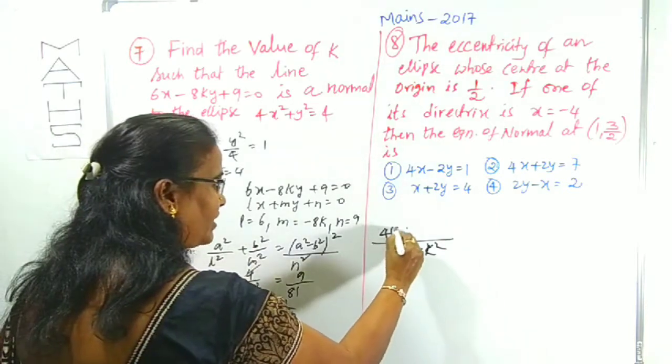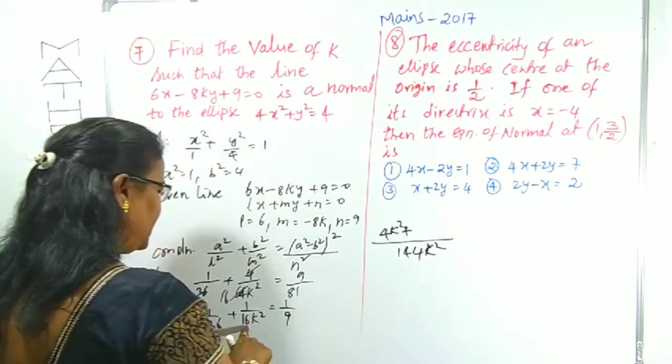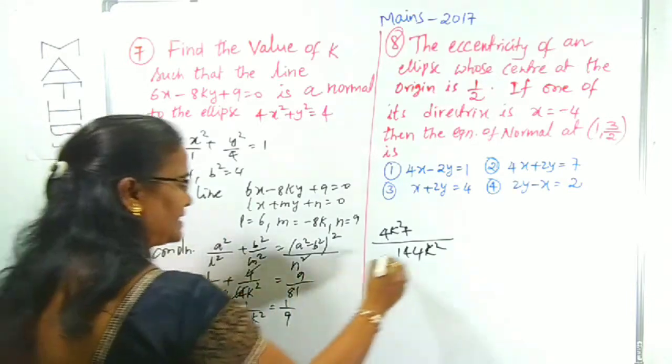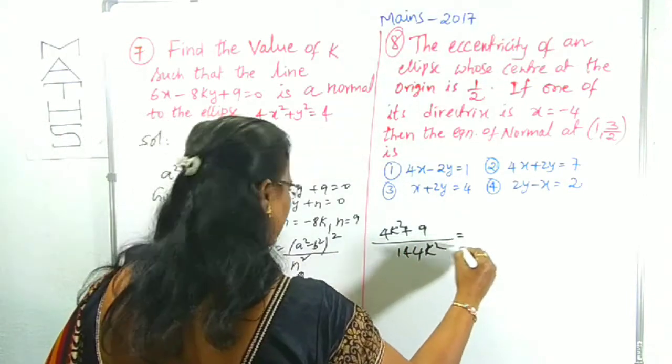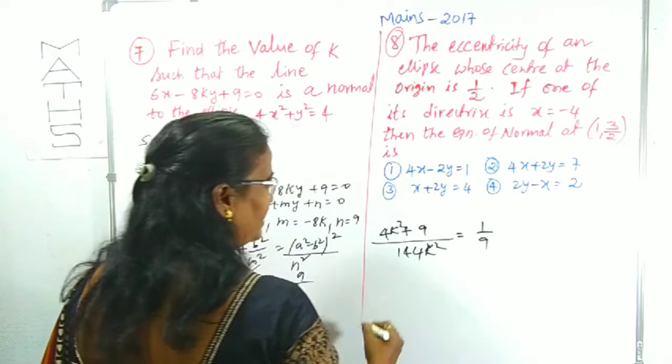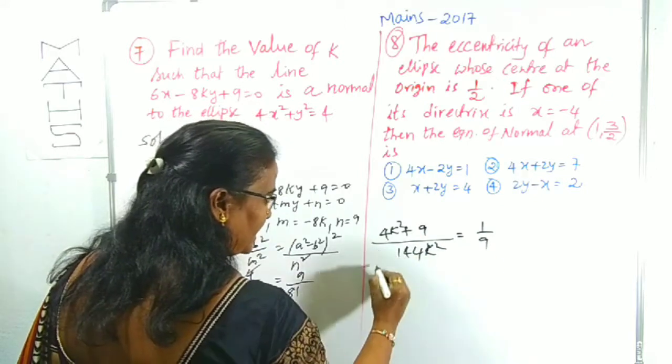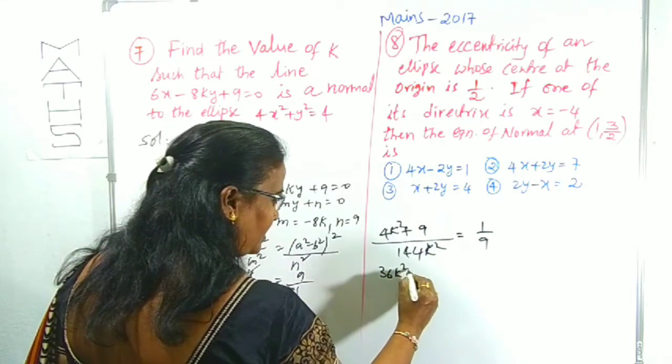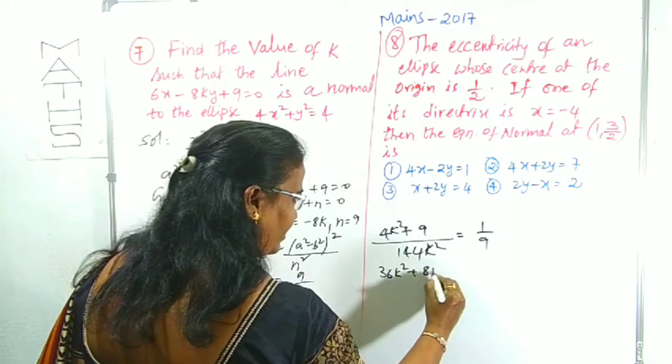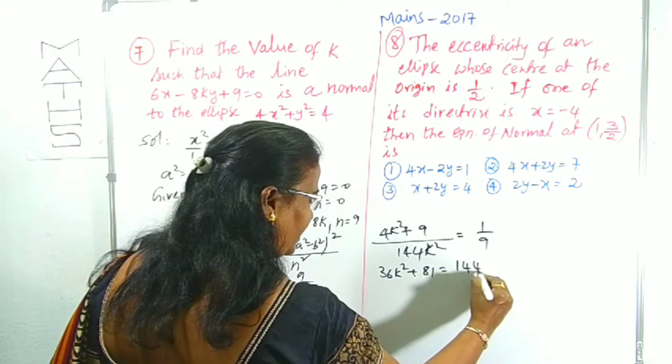So 4k square plus 16k square, 16 9 is equals to 1 by 9. Taking the cross multiplication, 9 4s are 36k square plus 9 9s are 81 is equals to 144k square.